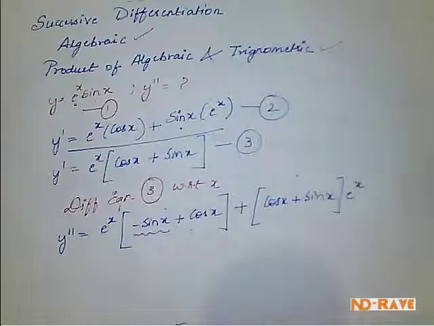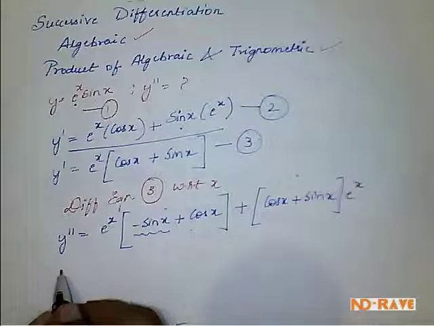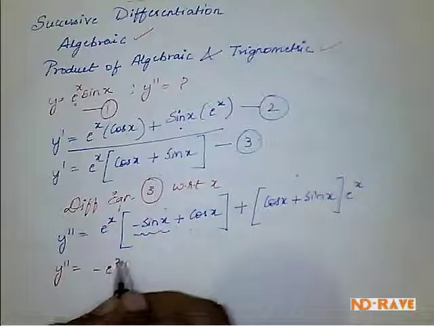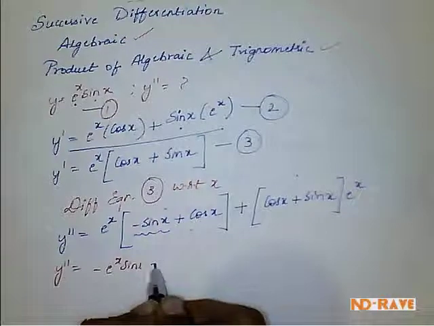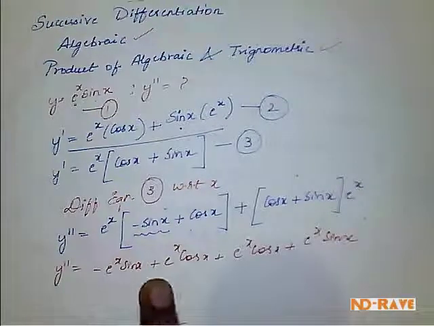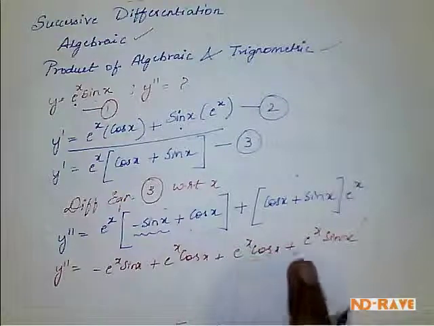Now the main thing over here is to rearrange terms. Let me explain this step also. Multiplying here gives you minus e power x sin x plus e power x cos x plus e power x cos x plus e power x sin x.